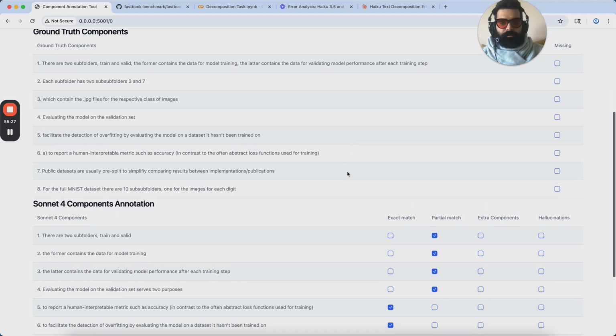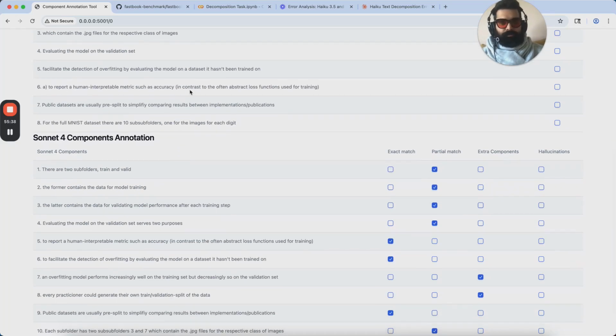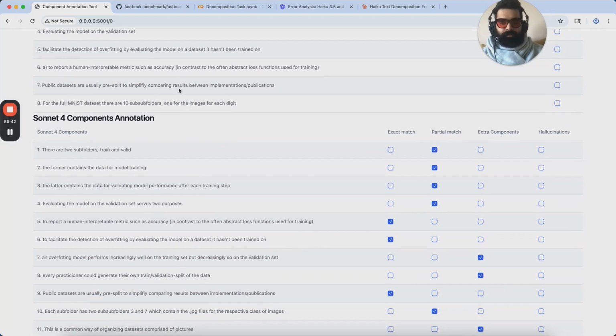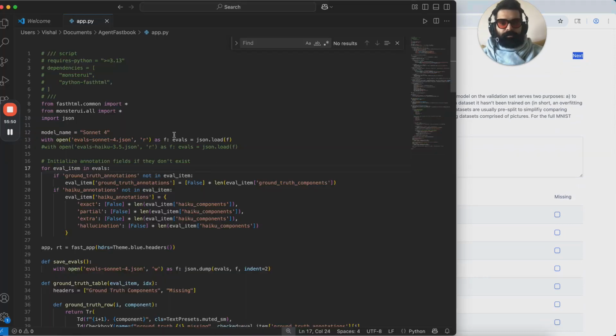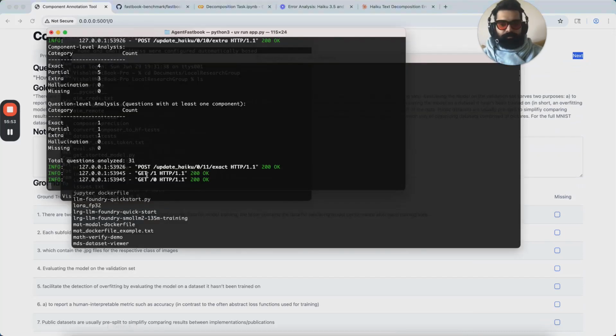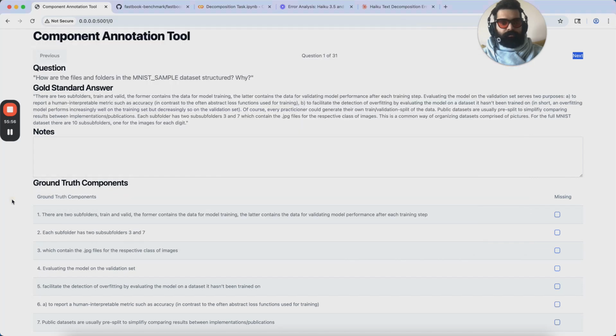And then each subfolder, evaluating the model on the validation set, facilitate, to report, public data sets for the full. So none of them are missing. So that's good. And then let's just make sure everything was saved. And yeah, let's check this. And these are updating. So that's cool.